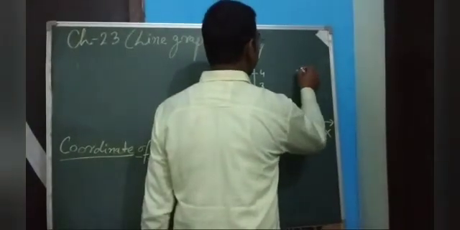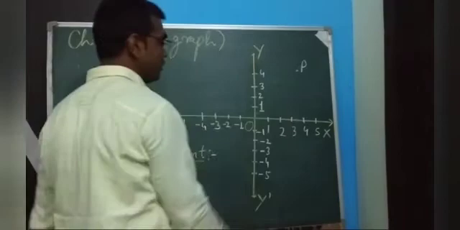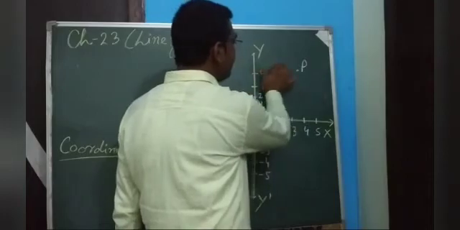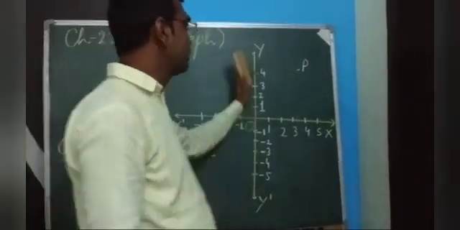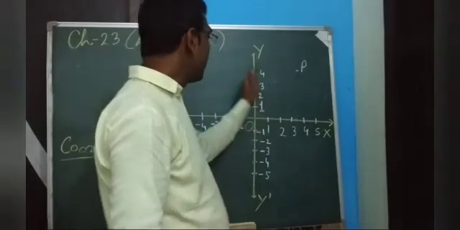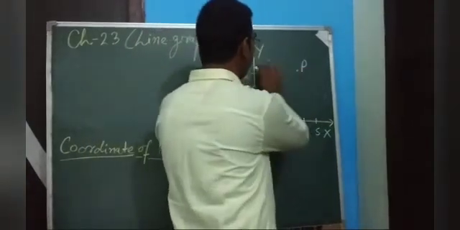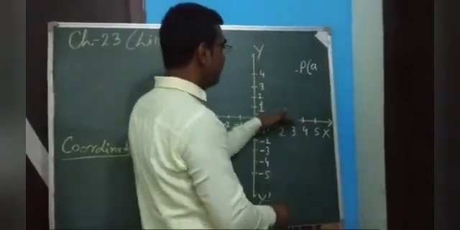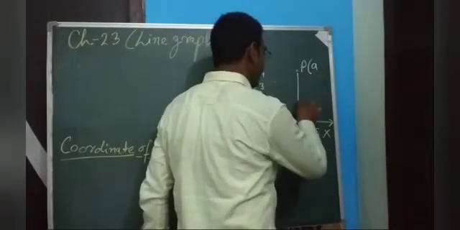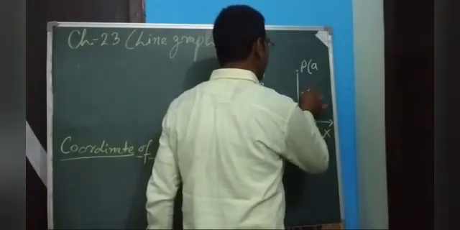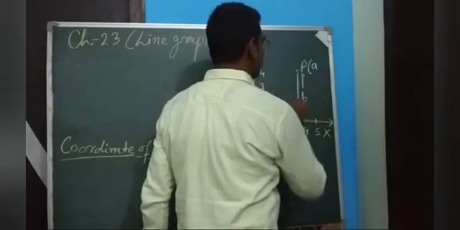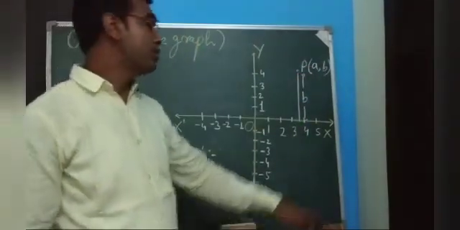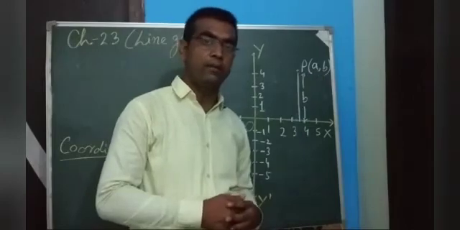Suppose P is a point on this system, and this P is at a distance of A from the y-axis, and it is at a distance of B from the x-axis. Then the coordinate of this point P is represented by the ordered pair AB.